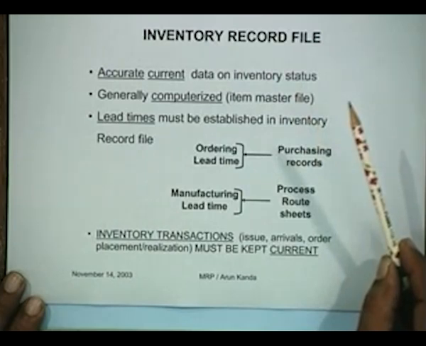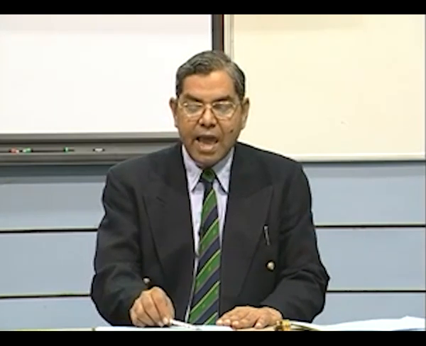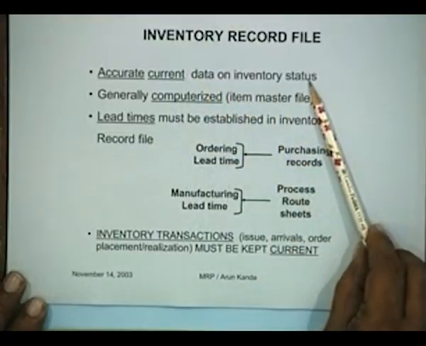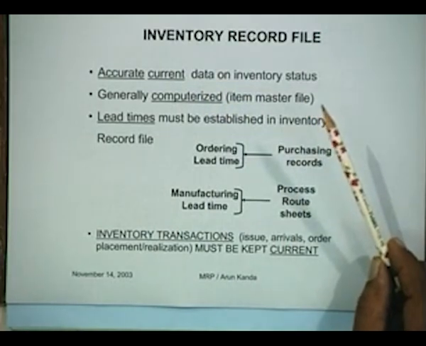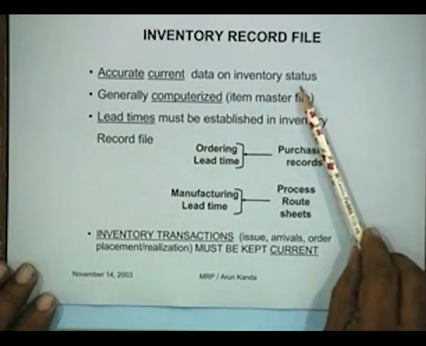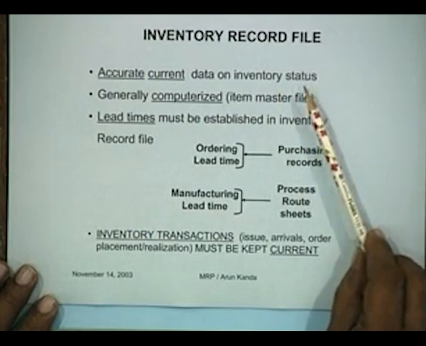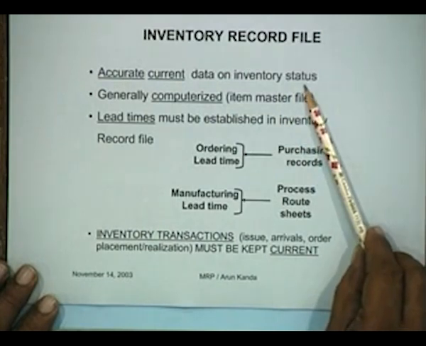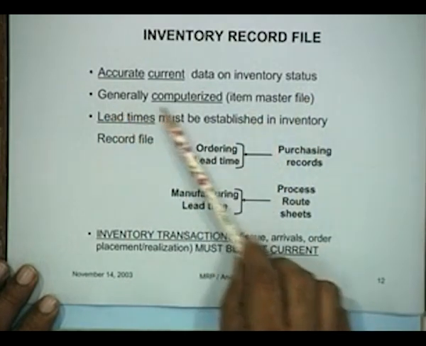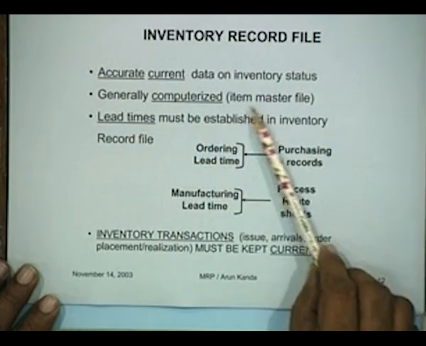If you want to find out how much money you have in the bank today, if your copy is not updated for the last 6 months, you will not be able to find this out, right? So what you need is accurate current data on inventory status. Each inventory transaction is reflected, and then you can find out how much inventory of different products you have. This is generally computerized in the form of an item master file.